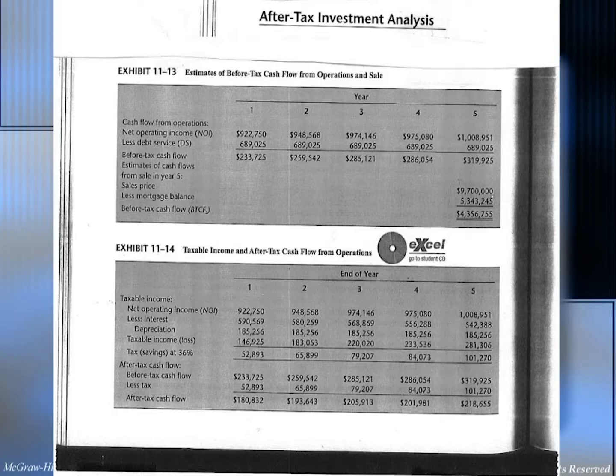And again, the depreciation we get because they told us the building was some percentage, and I can't remember offhand what it was, but the book will tell you, I believe it might have been like 60% of the total value of the property. So 60% of the $8.5 million. Okay, maybe it was 70%, 60%, some number.